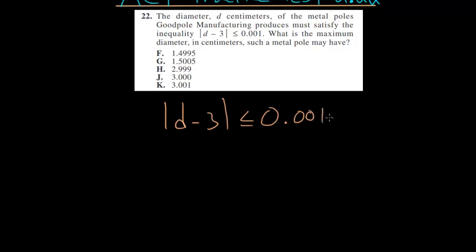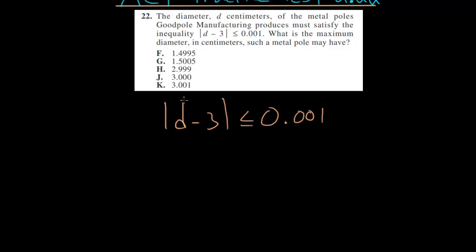And the way that I typically solve absolute value inequalities like this is to separate this into two separate parts. The reason I do that is because if we put in a d value bigger than or equal to 3, then these absolute value bars don't really make any difference.